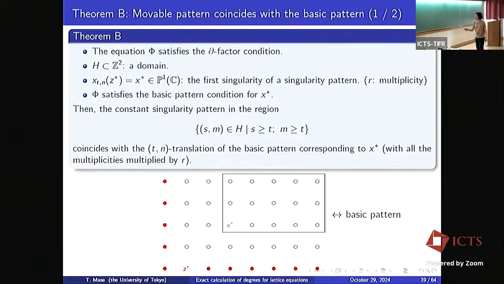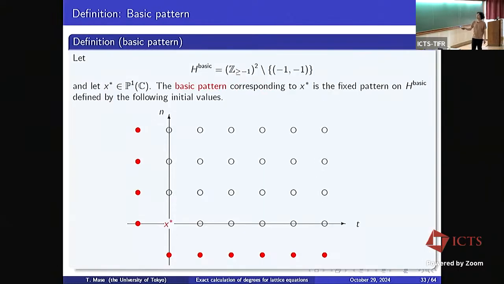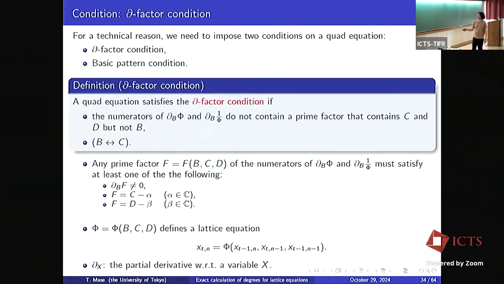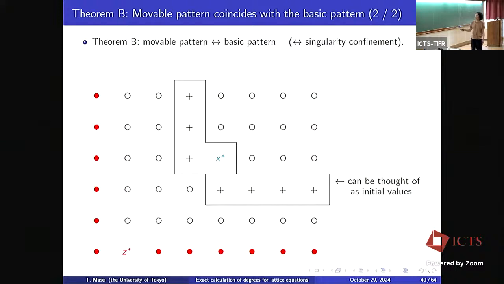The basic pattern is this, right? So this part corresponds to the basic pattern, meaning this is the first singularity. So this part can be thought of as if initial values. That's the meaning of this theorem.